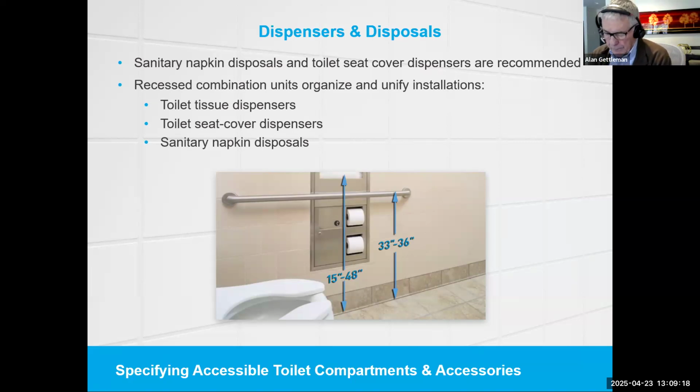As pointed out earlier, the A117 standards include an exception that allows recessed units behind grab bars with less than 1.5 inches absolute wall clearance, as shown in the photograph. Note that if compliance with the ADA standard is a concern, then specify and install separate recessed or surface-mounted dispensers and disposal accessories, a minimum of 1.5 inches below the horizontal grab bar.